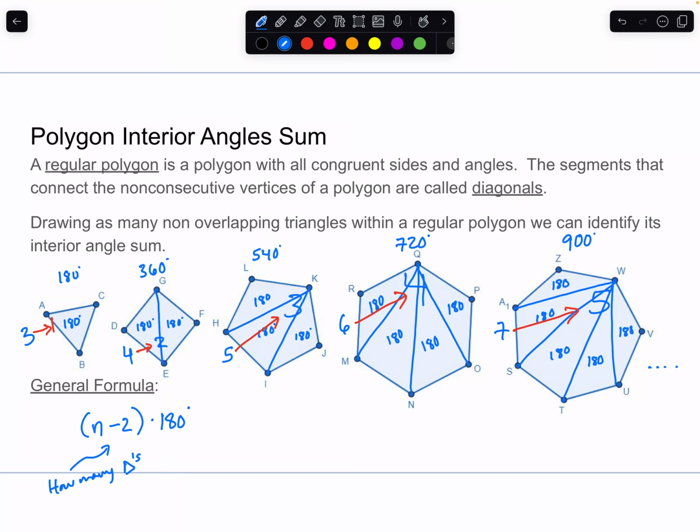Here is our general formula that gives me the total interior angle sum of any polygon. For any polygon. So as long as I know the number of sides, I subtract 2, and then I multiply by 180.